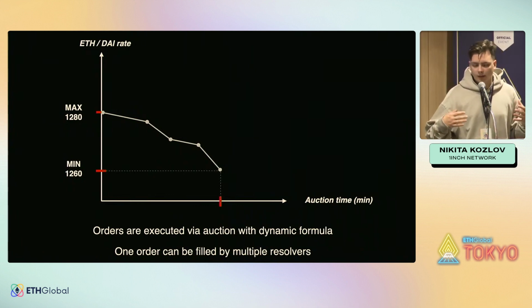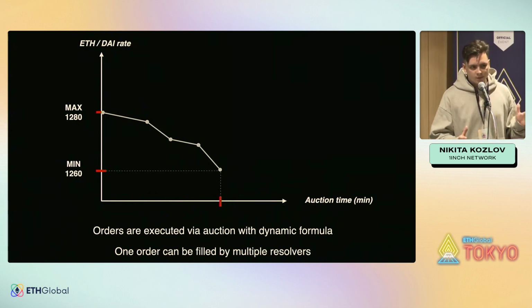We are allowing resolvers to instantly fill this order. But if you see that during some amount of time, like 1 minute, nobody fills it, that basically means that the price is really very bad and nobody will fill it, and we can make it go down a bit faster, making this period a bit more extreme.